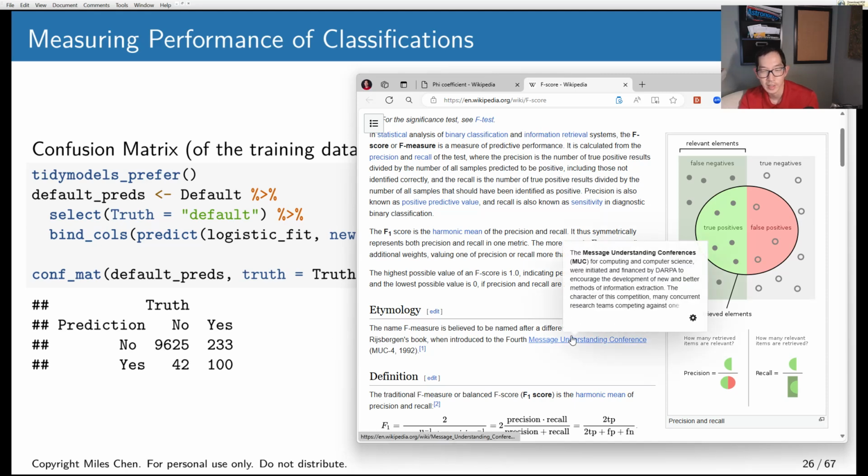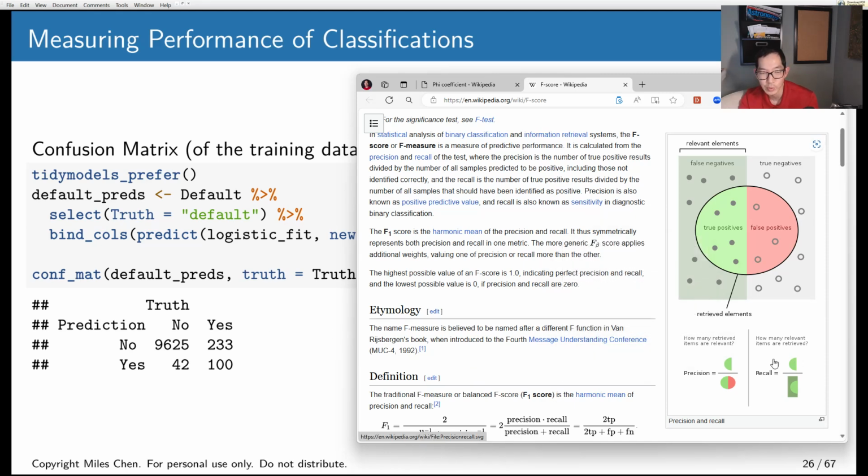And recall is basically how many true positives out of everyone that actually is, so how many did you identify as true positives, correctly identified as positives, divided by everyone that should have been identified.